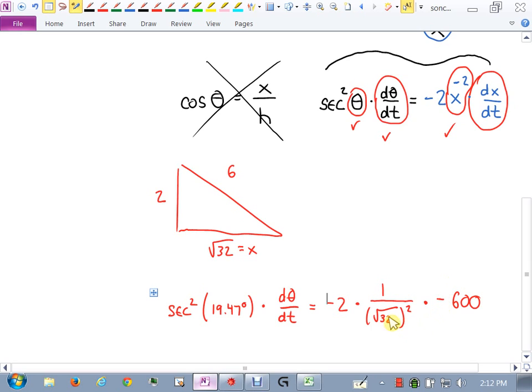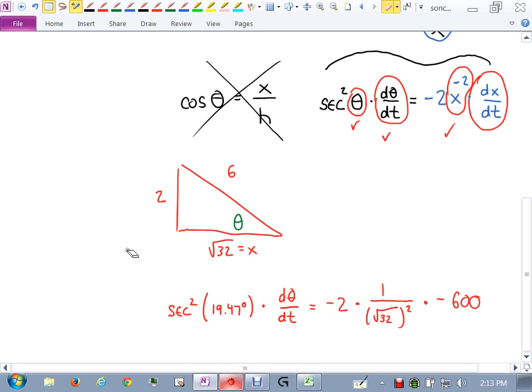Now, someone's probably going to try on their calculator to figure out what secant of 19.47 is, which is fine if you want to use your calculator to do that. But come up here, just look at this triangle for a second. That's my triangle, isn't it? At the exact moment in time, that's 19.47.